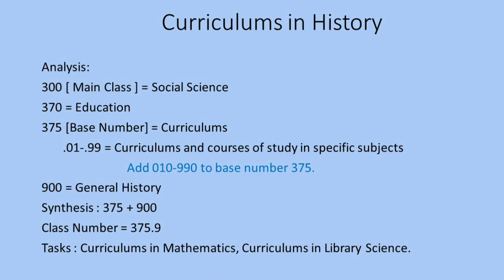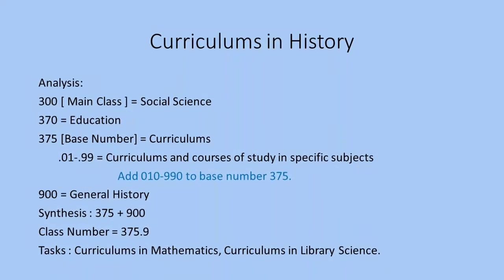Here you can see that after 9 there is 2 zeros, but I have not written this 20 in the class number because of the same rule. After 3 digits, after the dot you cannot use 0 as the last digit. Okay. So this is the rule.